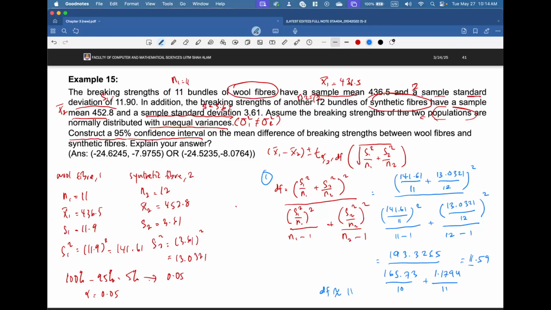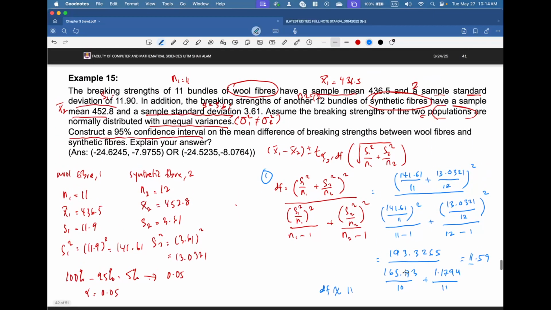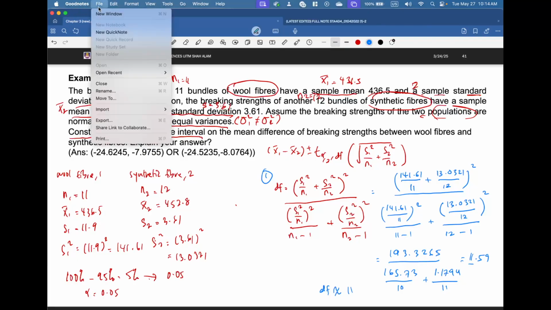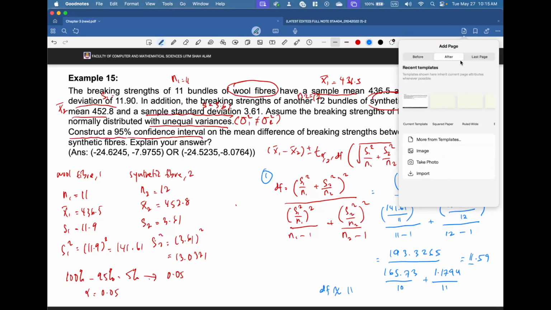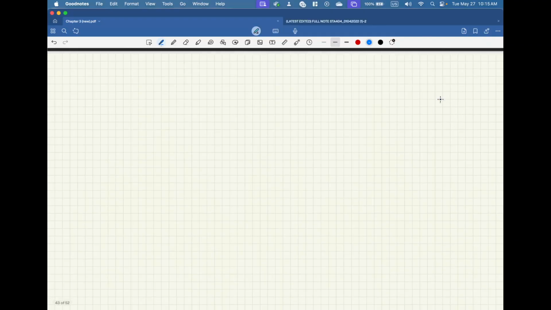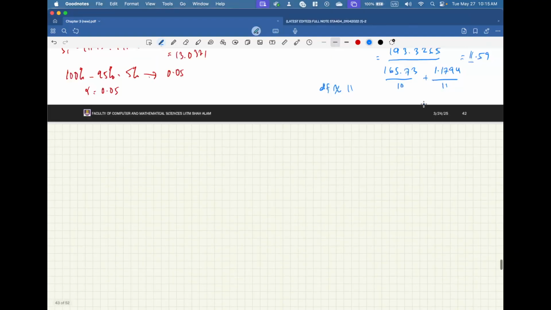So for this particular formula, for t alpha over 2, you will find the value in the statistical table.